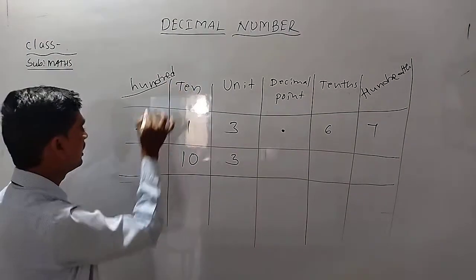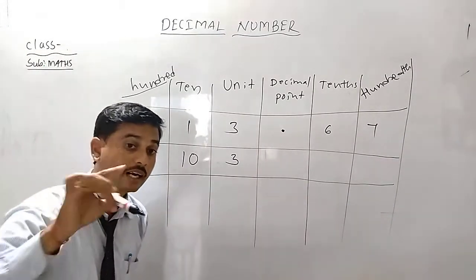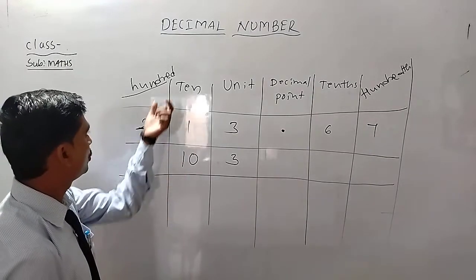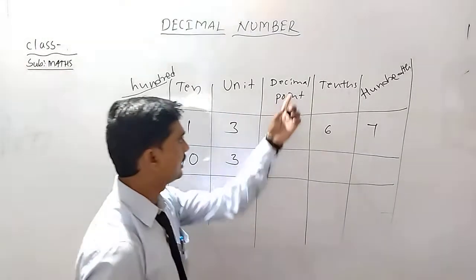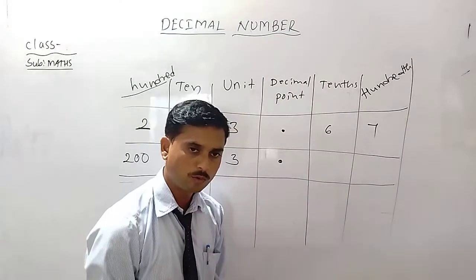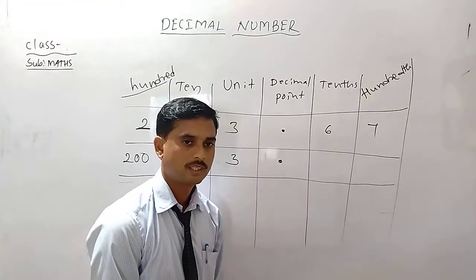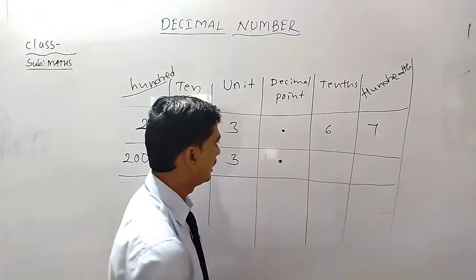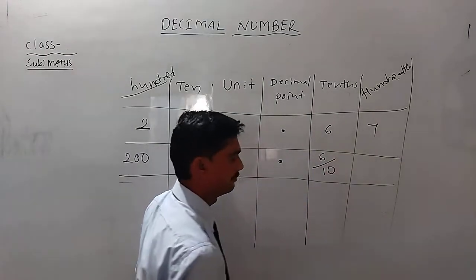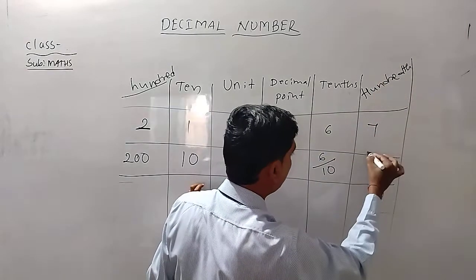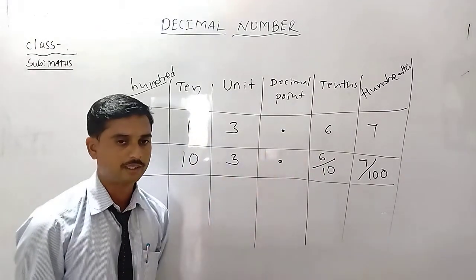In the hundred place, which number? 2, so there are 200. Then the decimal point. The tenth place has 6. The place value of tenth is 6 by 10, and the hundredth is 7 by 100. This is the writing method.